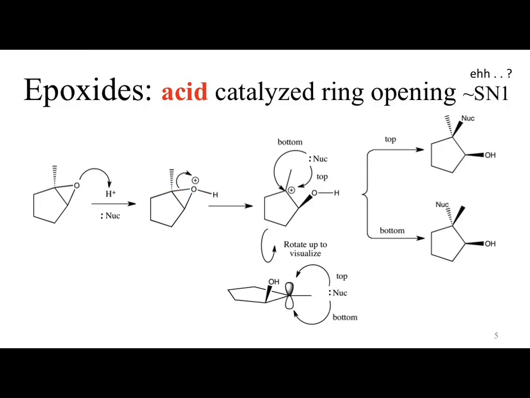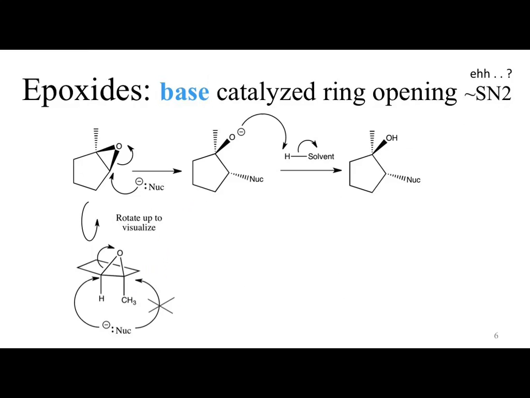What happens if we go through and do a base catalyzed ring opening? Okay? Under these conditions, we don't have a good leaving group, which means I have to force the leaving group to leave, which means the nucleophile comes in and attacks at the exact same time as the oxygen is kicked off, which means we maintain the stereochemistry, or the relationship between our nucleophile and our oxygen, in our final product.